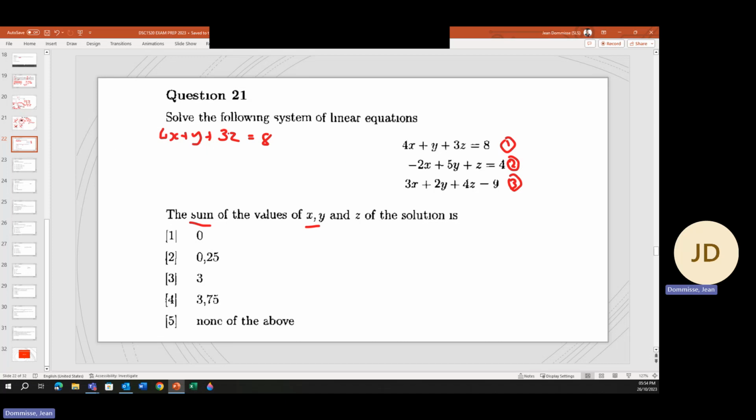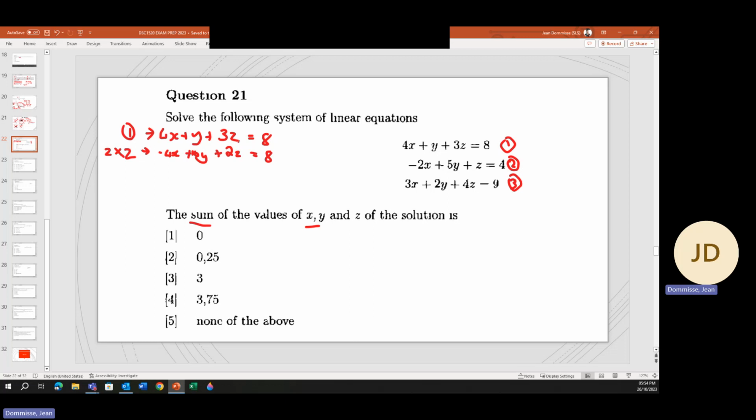So I've just rewritten the first one. The second formula, I'm just going to multiply by 2. So what we get is minus 4x plus 10y plus 2z equal to 8.